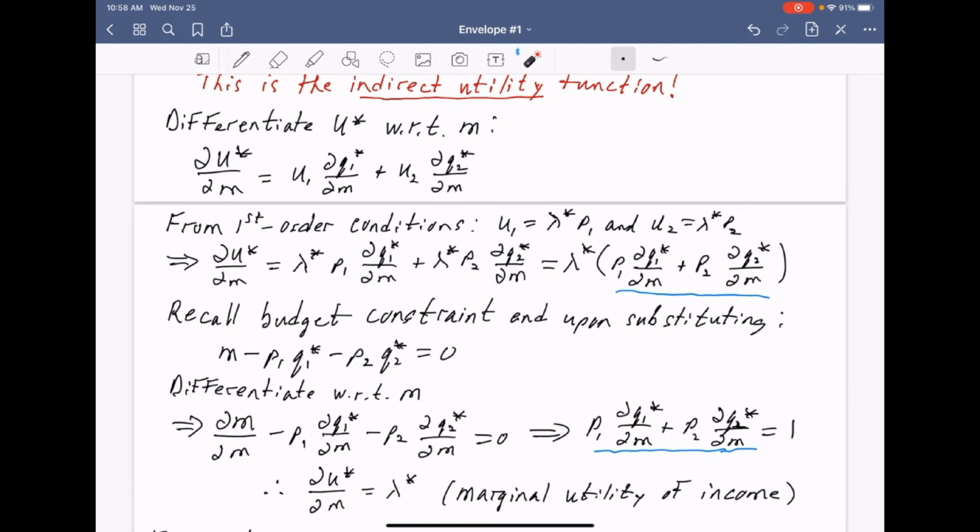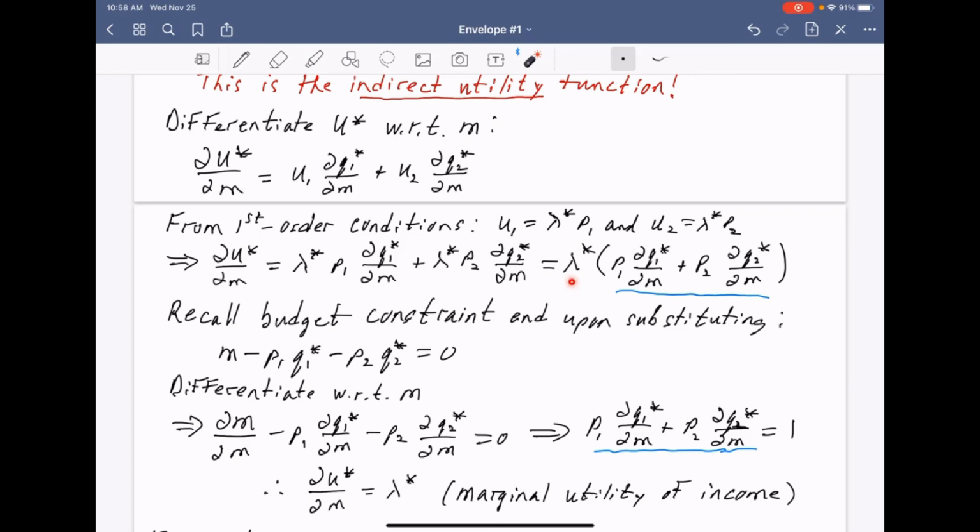So from the first order conditions, we know that the marginal utility of 1 is equal to lambda star times P1, and the same for the marginal utility of 2, it's equal to lambda star times P2. So if we take the derivative of the indirect utility function with respect to M, we get this expression here, and that expression comes because we've substituted for the marginal utilities this lambda star times whatever the price of that good is.